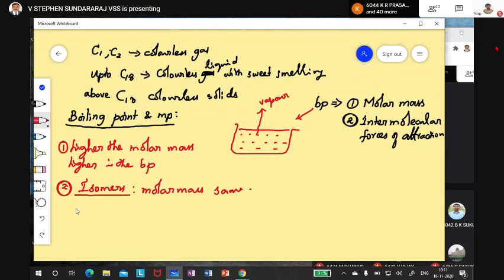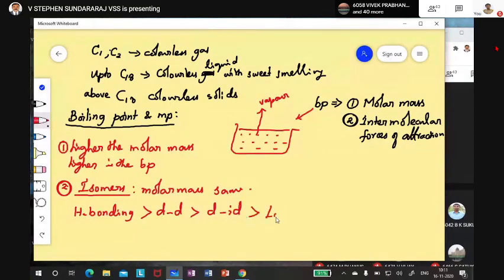Remember that hydrogen bonding is the strongest. It is not equal to chemical bonding, but very close to that. It is the strongest intermolecular force. After that, dipole attraction, then dipole induced dipole, and lastly the London force or dispersion force.